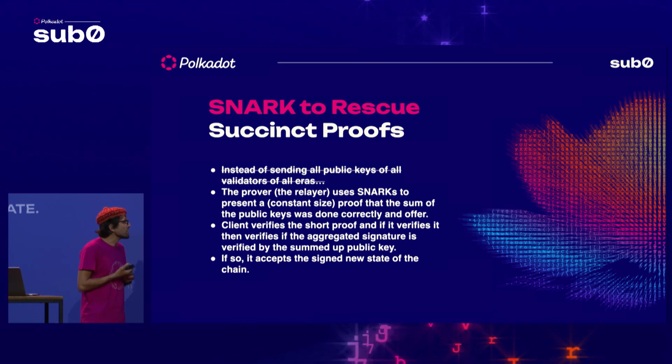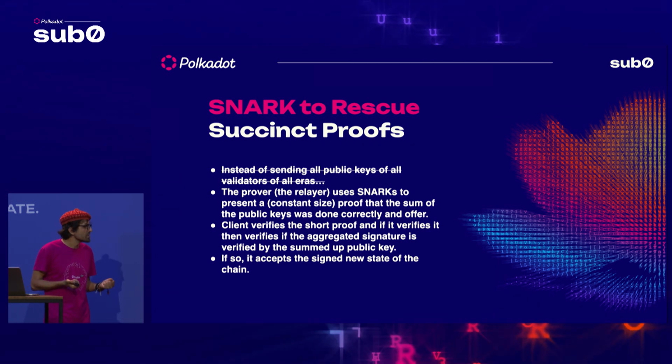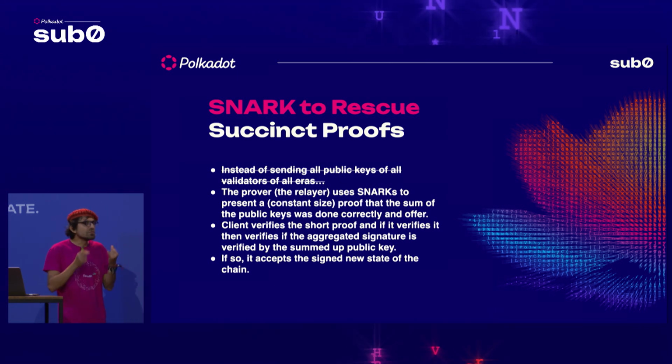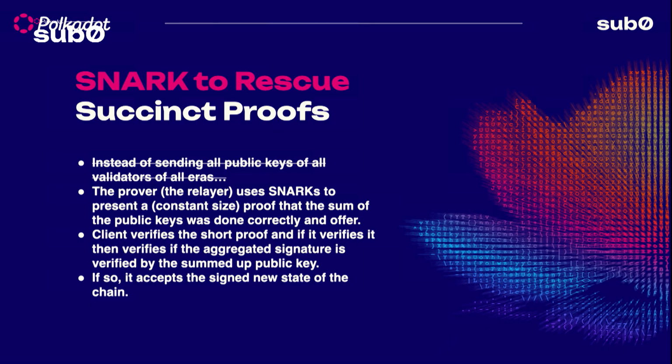So you don't need all the public keys. You have a prover node. The prover node will aggregate the stuff for you and give you the aggregate public key, but also it'll come with a proof, with a SNARK proof, that basically they did the aggregation correctly and they didn't cheat in that.